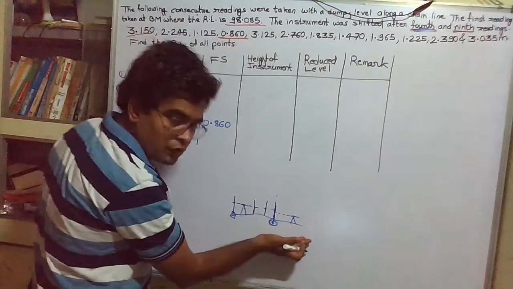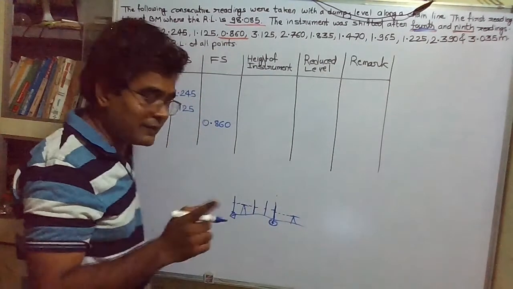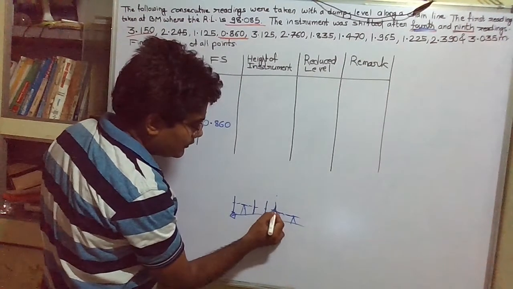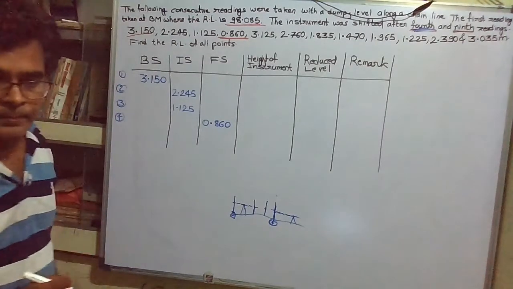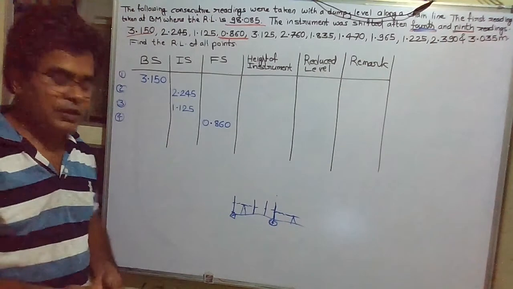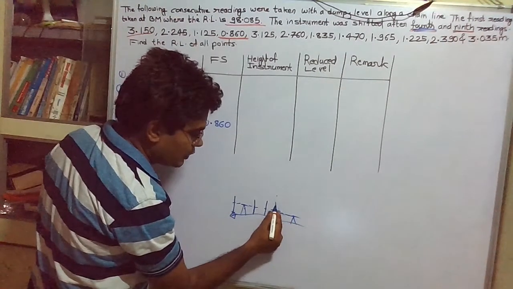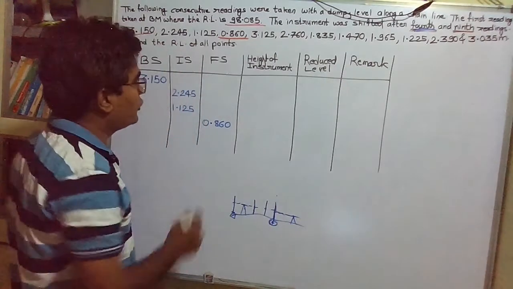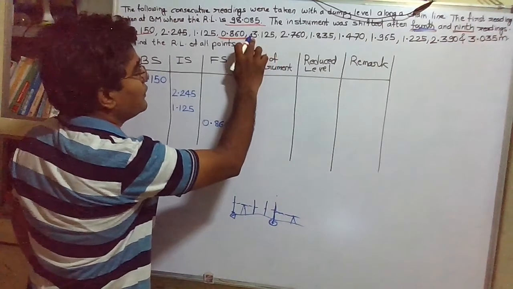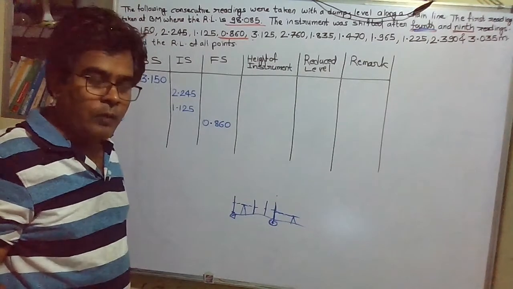Now we have shifted the instrument, and after shifting the instrument, we always take the first reading, the backsight reading, at the same staff. In the last lecture I explained that whenever we shift the instrument, after shifting we take the first reading at the change point only, and this is the change point. So this point is the same. The next reading, 3.125, is now a backsight reading because it is the first reading of the new setup of the instrument.